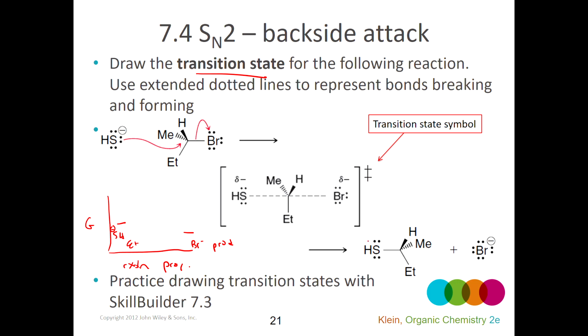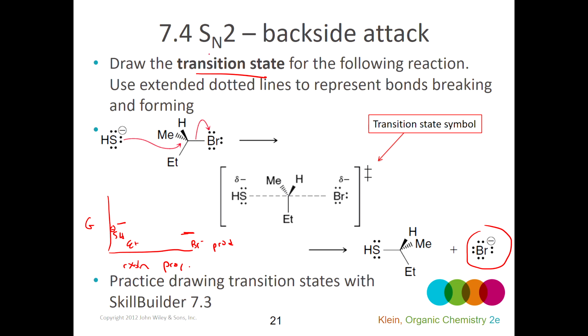The products are lower in energy than the reactants, as we said, because the negative charge is a little bit more stable on the bromine than the sulfur, so those will be a little bit lower in energy. The entropy difference is minimal, so we're looking at the enthalpy difference or the stability difference between those negative charges to judge which one is going to be favored when it reaches equilibrium.